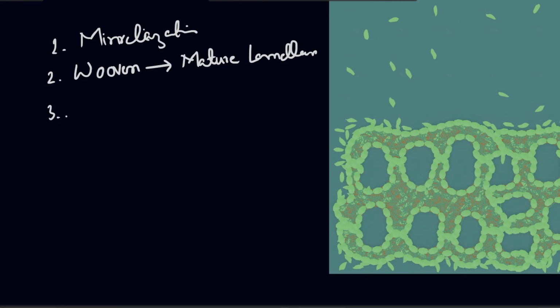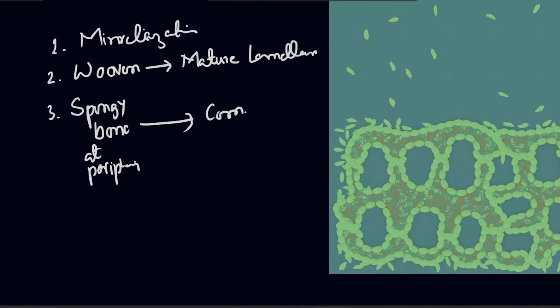So at some places, especially at peripheries, not at every place, the spongy bone at the periphery must be replaced by, or somehow converted into, compact or what we call cortical bone.